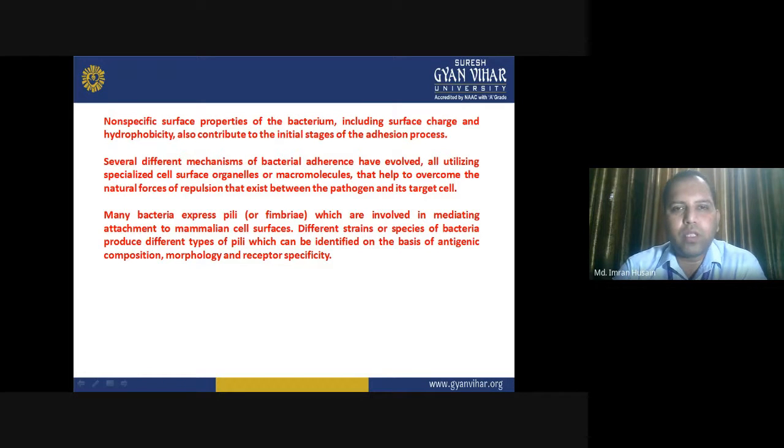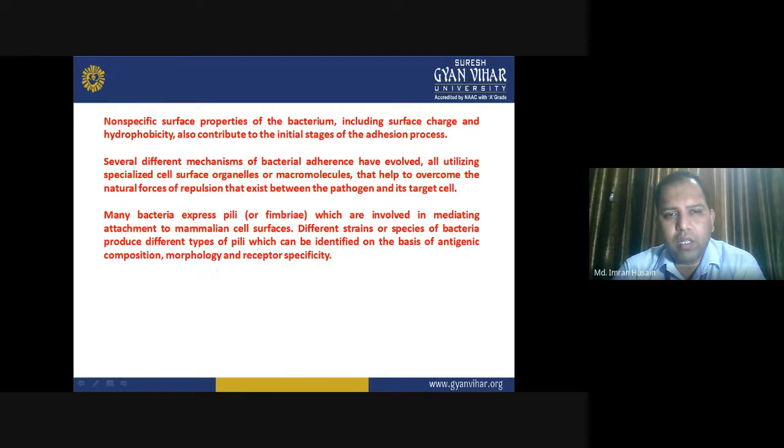Non-specific surface properties of the bacterium, including surface charge and hydrophobicity, also contribute to the initial stages of the adhesion process. Several different mechanisms of bacterial adherence have evolved, all utilizing specialized cell surface organelles or macromolecules that help to overcome the natural force of repulsion that exists between the pathogen and its target cell.